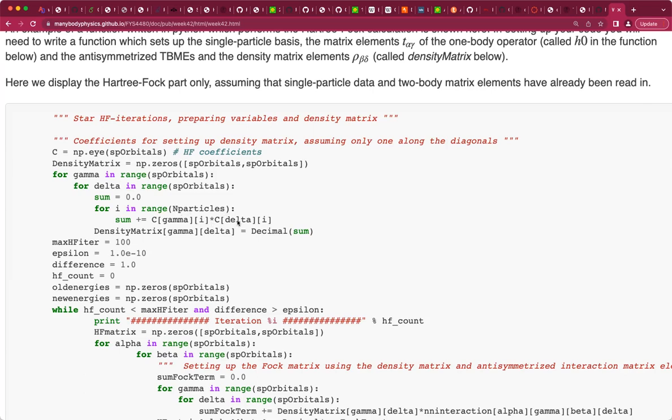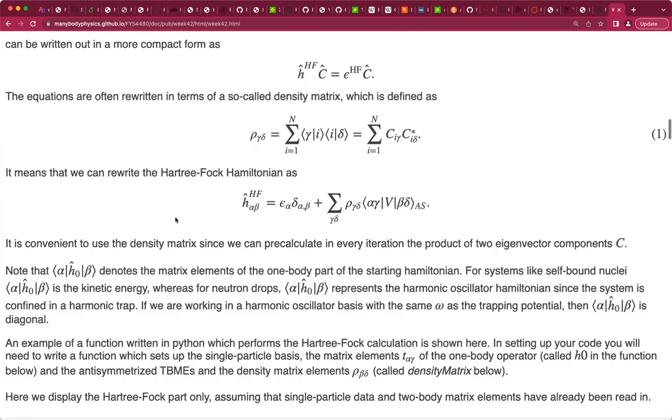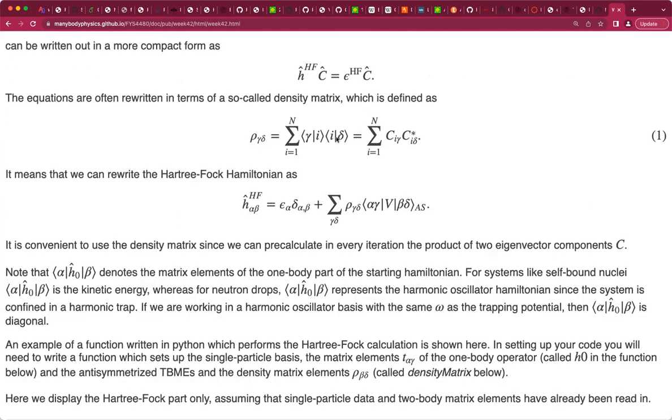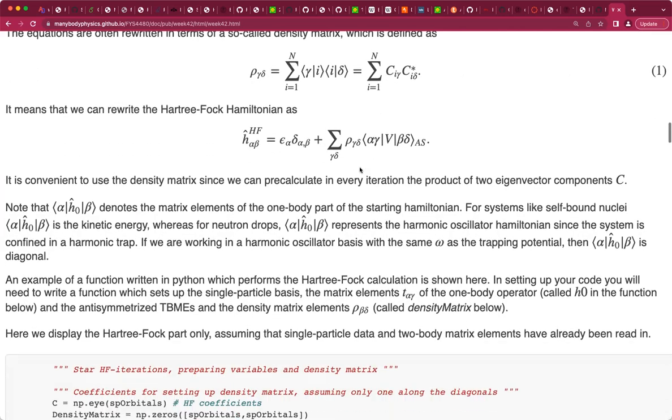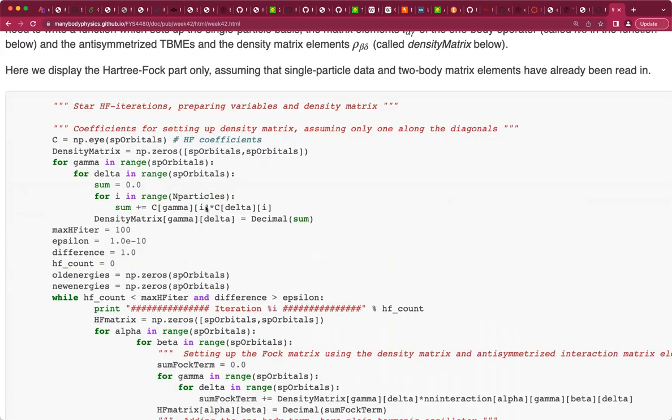So that defines your density matrix. So this is the sum here. And that's simply the implementation of what you see here. Nothing but that. And in the first iteration, we just put that one to 1 on the diagonal and 0 else. And you see that we just define the C as the ones here.